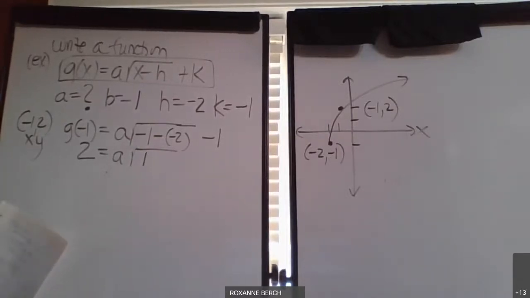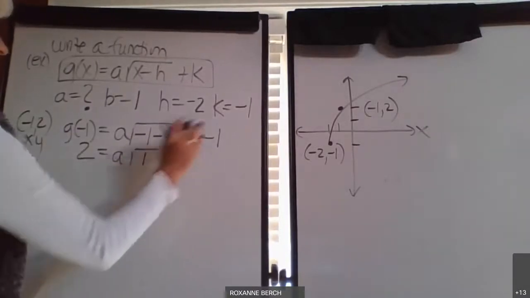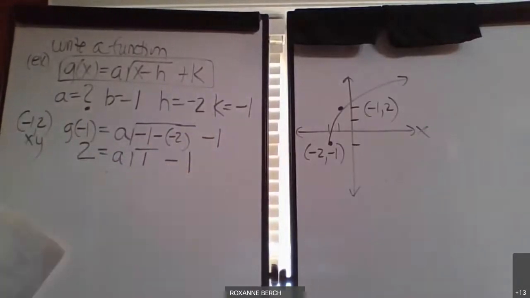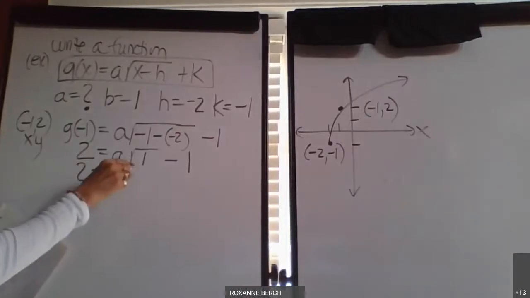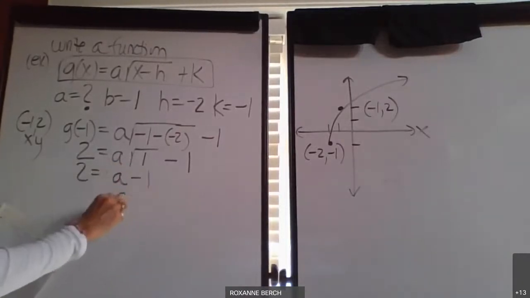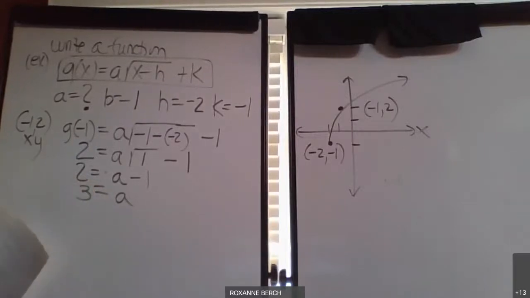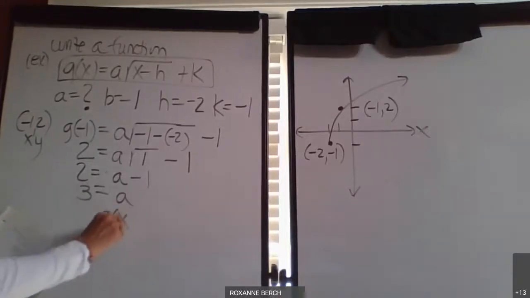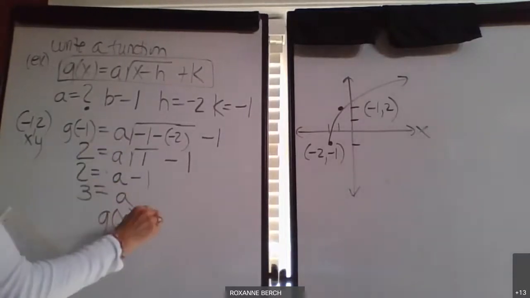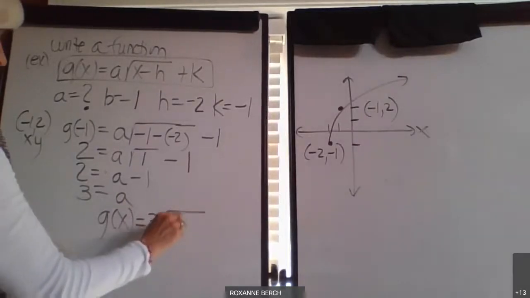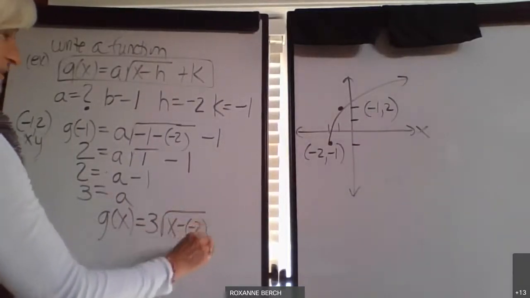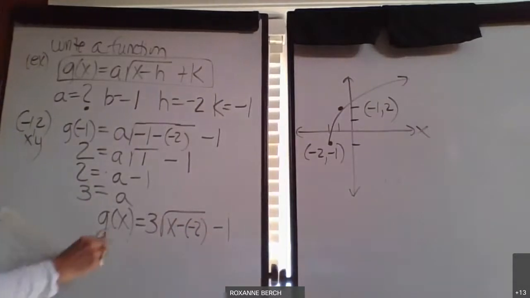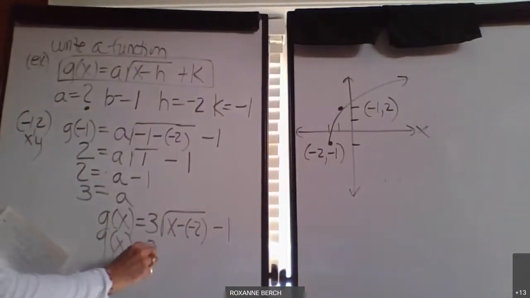Right? 2 minus 1? Minus 1. So the square root of 1 is 1, so we have 1a minus 1, which means a is equal to 3. So we can now write our function. So our function is g of x is equal to 3 times the square root of x minus a negative 2 minus 1. So our final answer is 3.